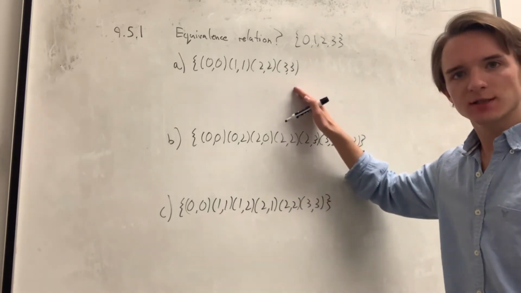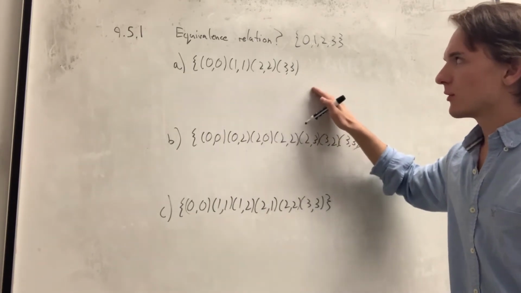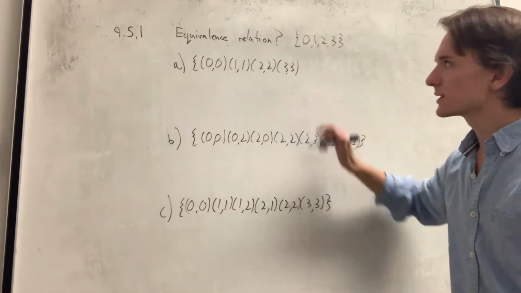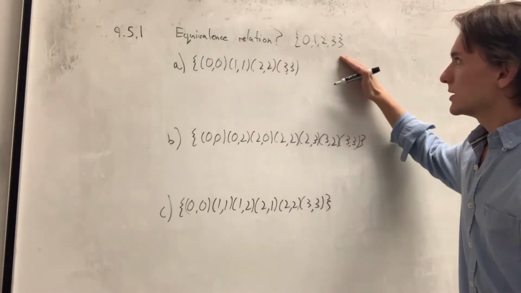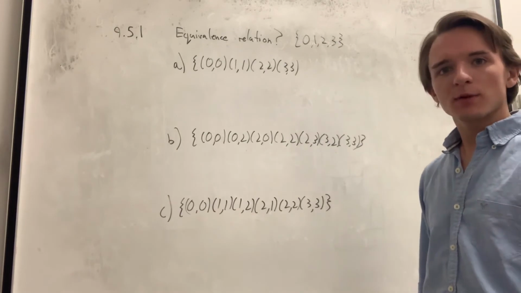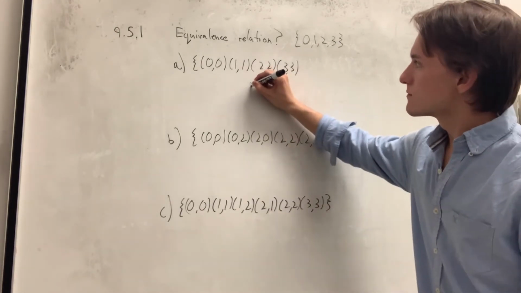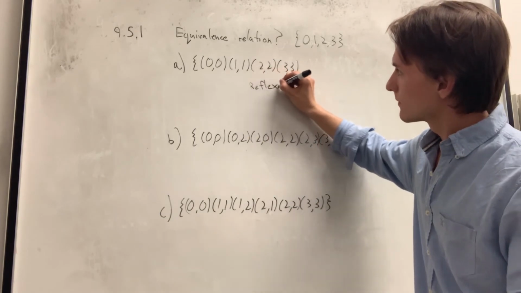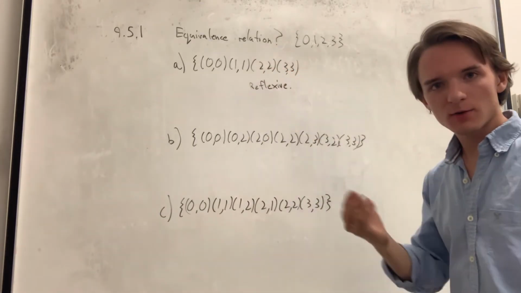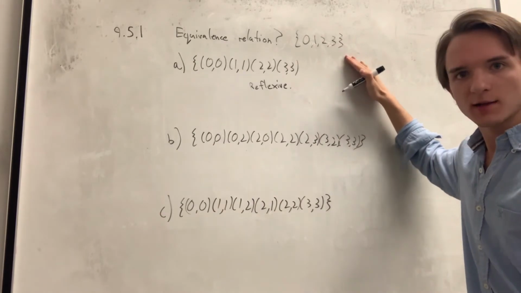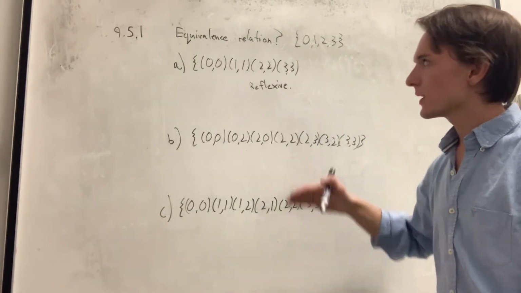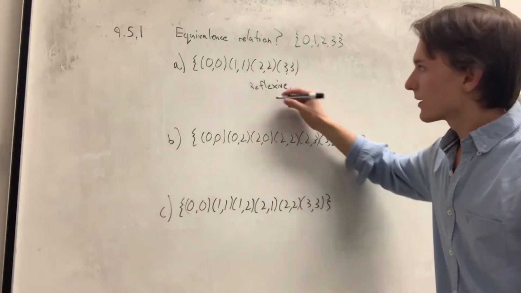So this first one is very simple. 0, 0, 1, 1, 2, 2, and 3, 3 pairings. And we're given the set 0 through 3. Is it reflexive? Yes. It has all four of the elements related to themselves. Is it symmetric?